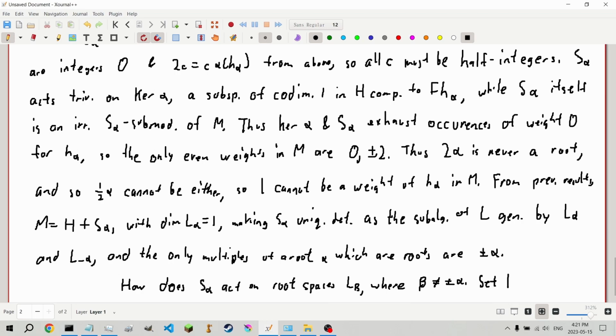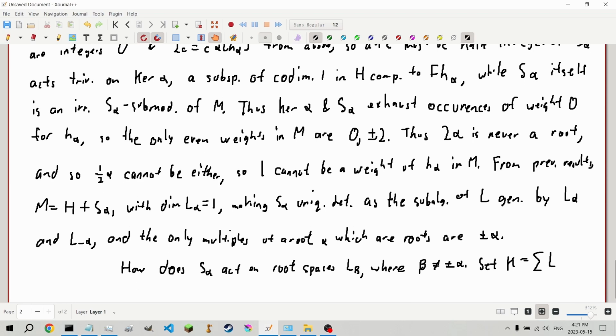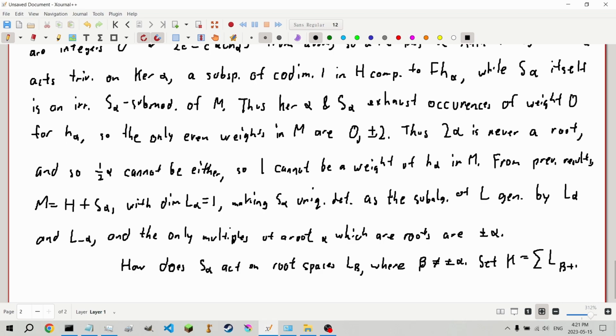We're going to set K to be the sum of L of beta plus I alpha for integer I.